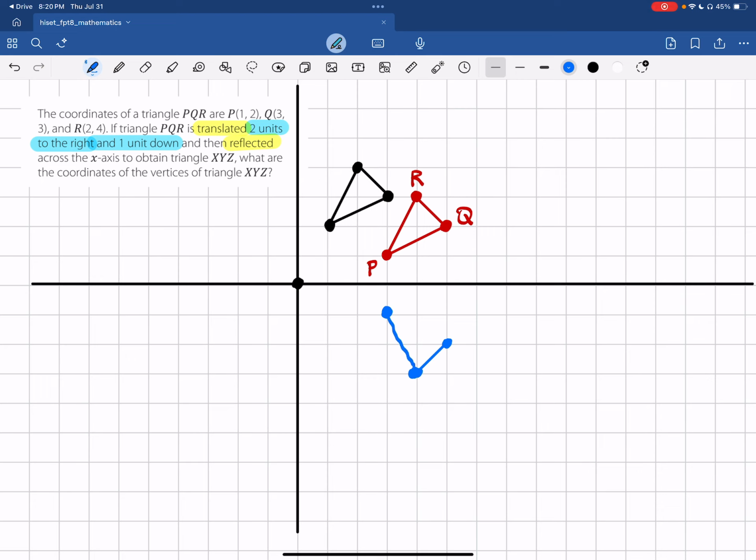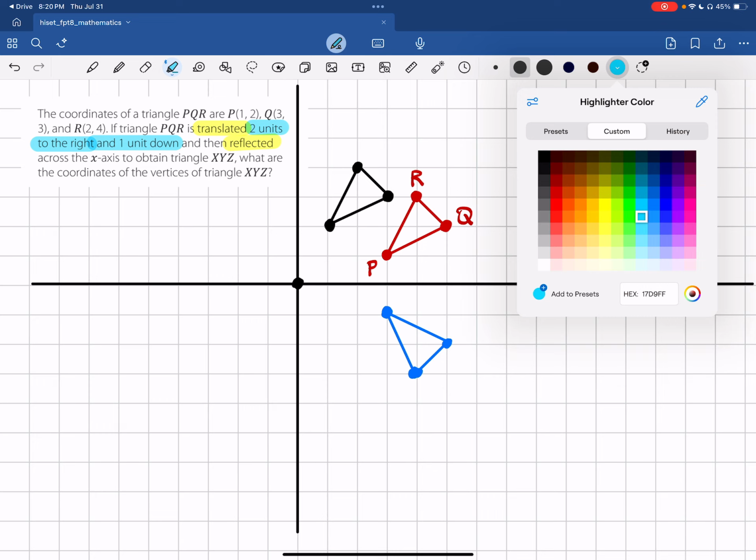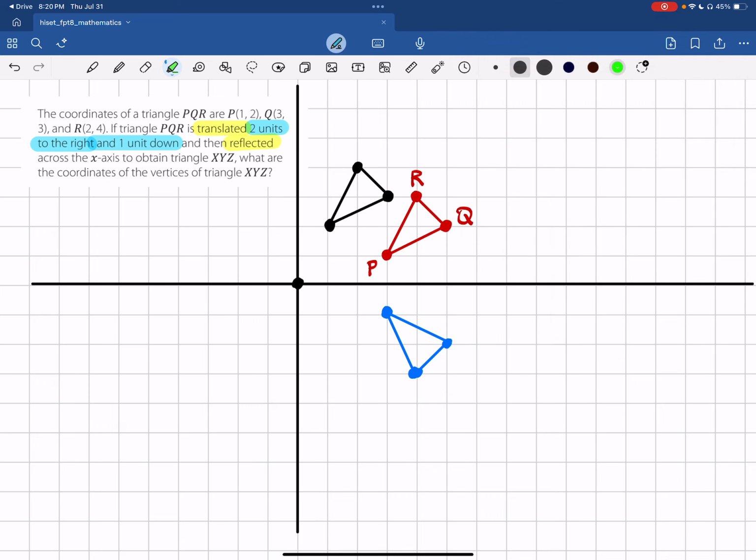If the x-axis were a mirror, we'll make a green mirror. If this is a mirror, you are reflecting across that mirror. That is the reflection you see in the mirror. And so this would be point X, point Y, and point Z to make the new triangle.